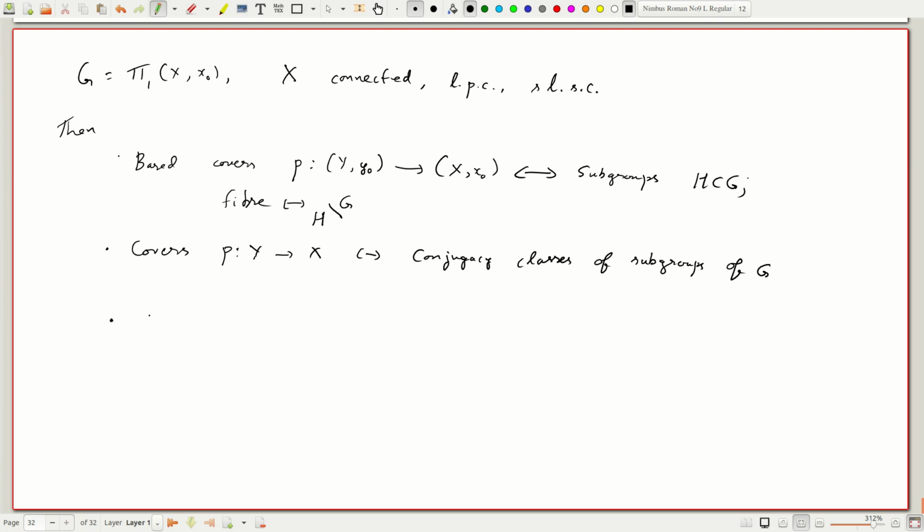But what's more is that we have deck transformations for a fixed, let's say, base cover. So they correspond to the normalizer in G of H divided by H. Okay, and these are transitive if and only if H is normal in G.